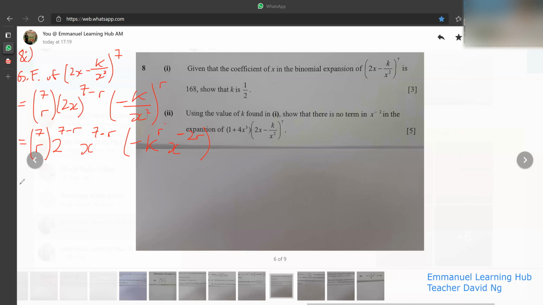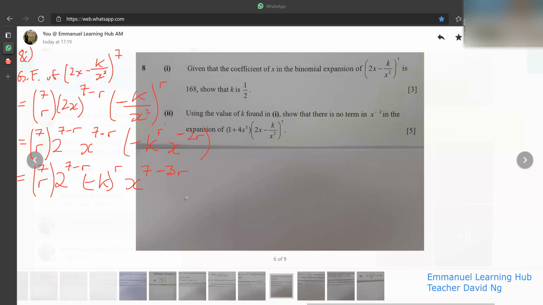Oh, you have this. Okay. The reason for this is to find out the indices for x.